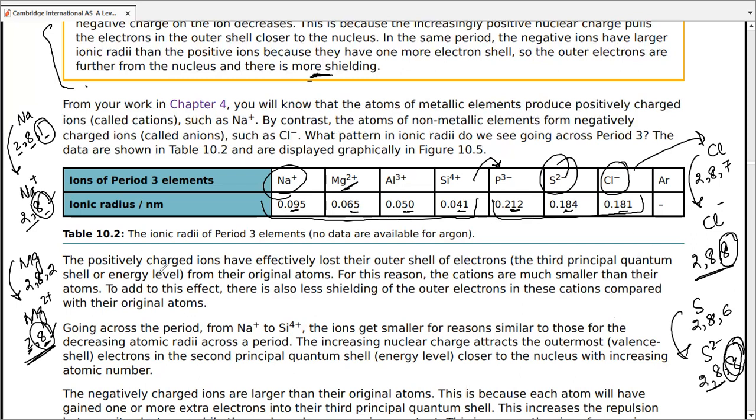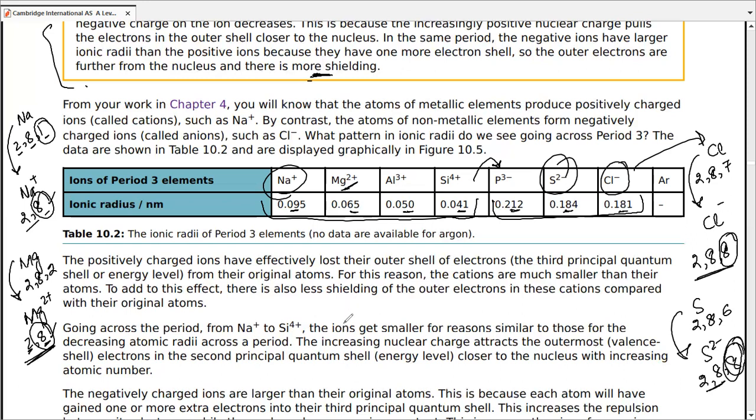Starting from the first one, the positively charged ions have effectively lost their third principal quantum shell or energy level of electrons from their original atoms. We're talking about the sodium ion, we're talking about all the positive ions in there. For this reason, the cations are much smaller than their atoms. To add to this effect, there is also less shielding of the outer electrons in these cations compared to their original atoms.